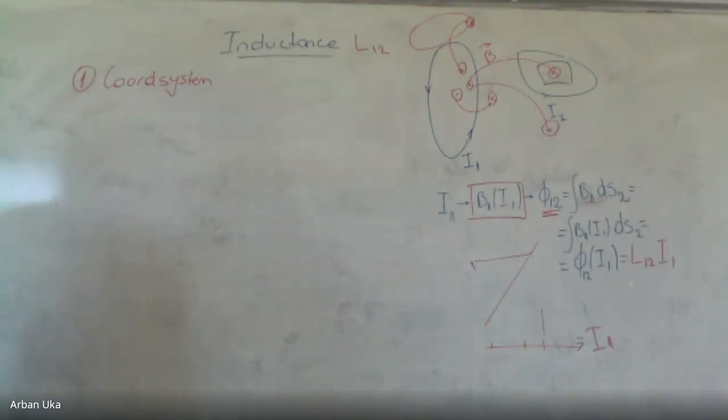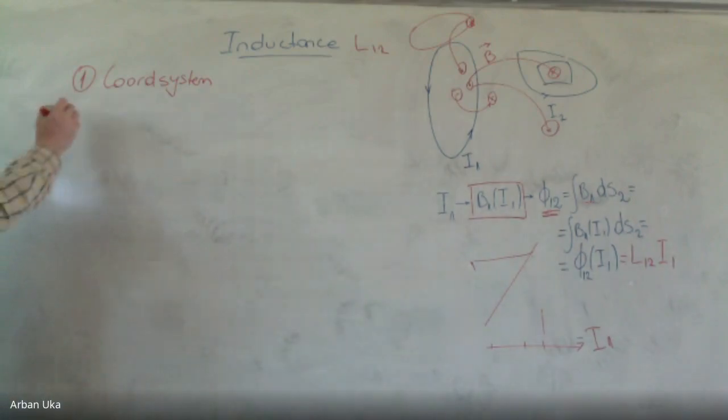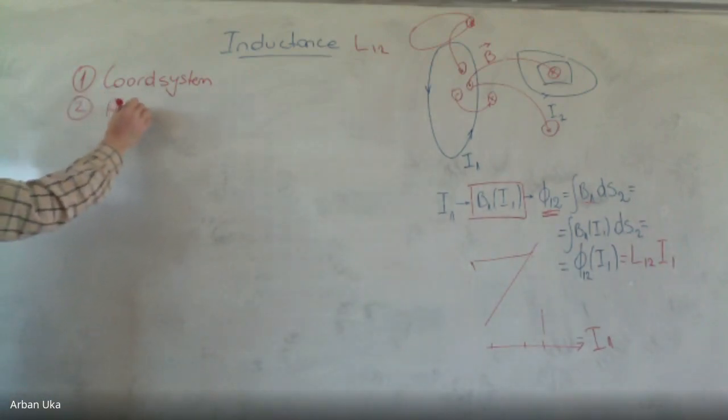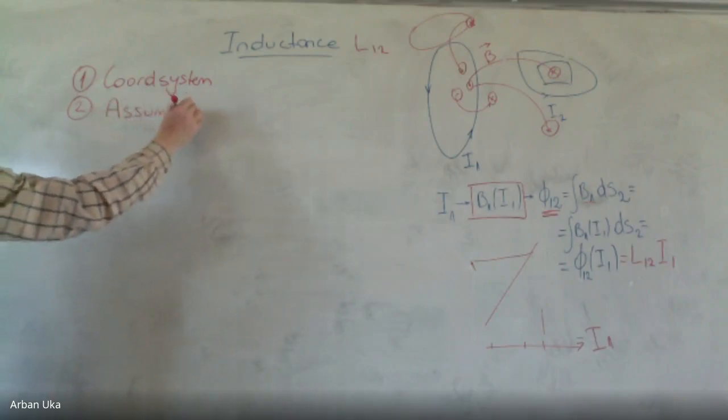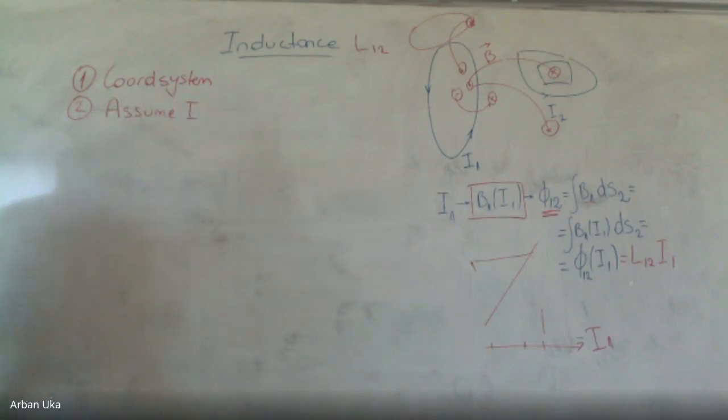That's the first step, which is most of the time obvious. Even if you forget that this coordinate system is on the list, you don't have to worry much, because you have to do it because it's natural. The second step is that we assume that we have some current I. That's it. We assume some current I, and we include it in the equation.